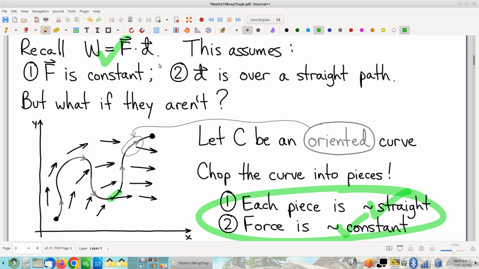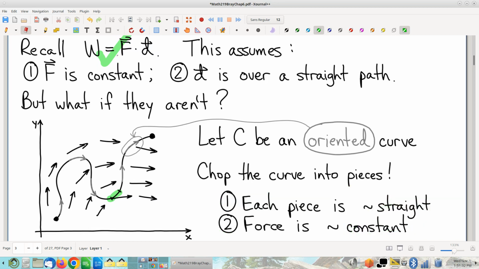But there is a nasty little detail that we have to worry about here, and that is that what we are adding up here is given that we're moving along this curve in a certain direction. And let's just think practically about this.